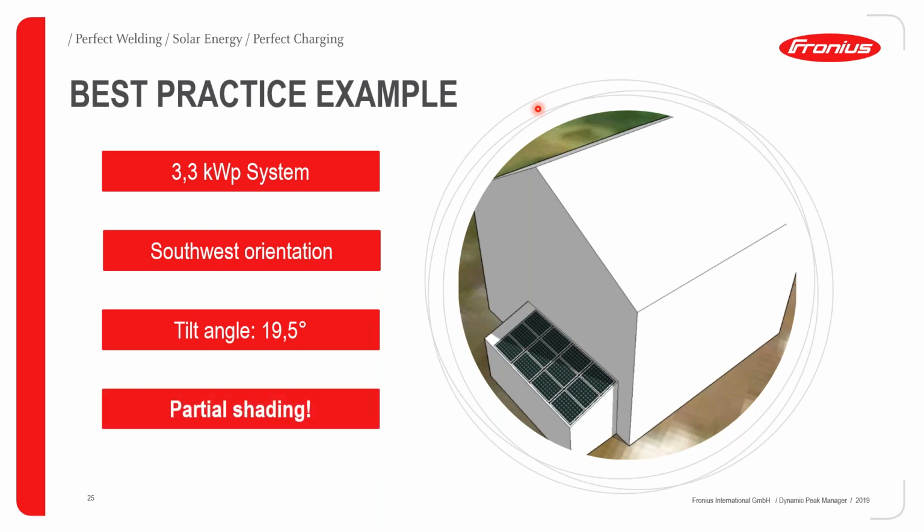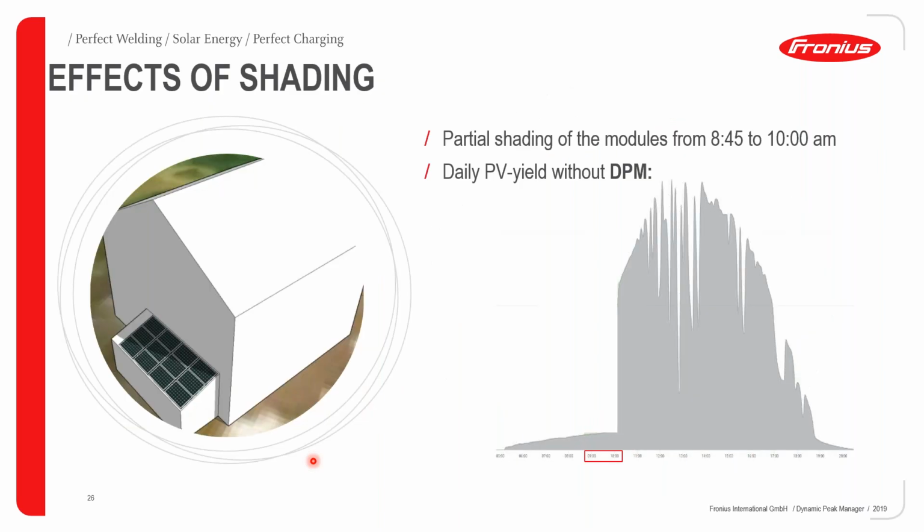It of course has a bit of shading for a particular period of the day, which you will look at in the next slide. You can also see, because of this peak of the roof here, you have some shading in the early morning hours. So the effects of shading in this installation: we have partial shading from about 8:45 to 10 a.m.